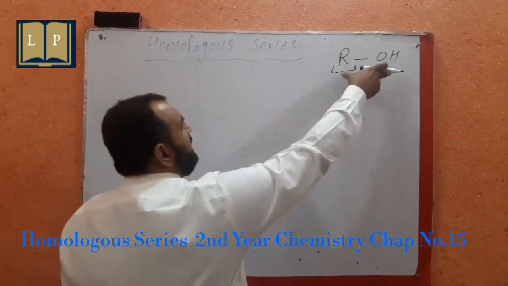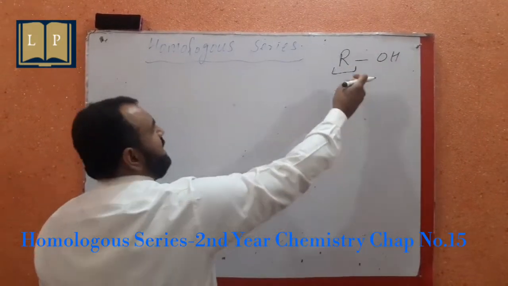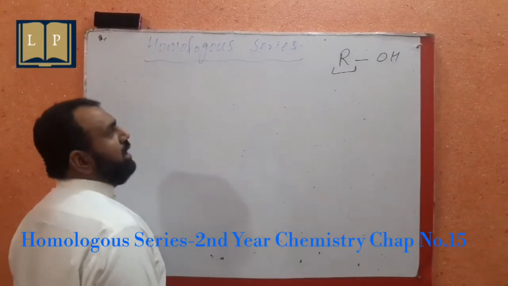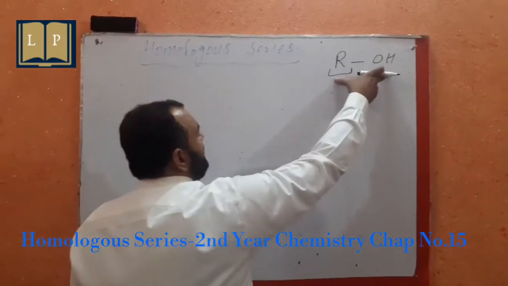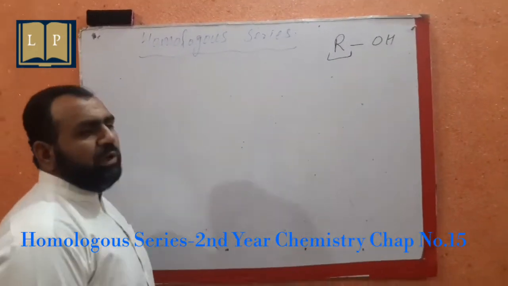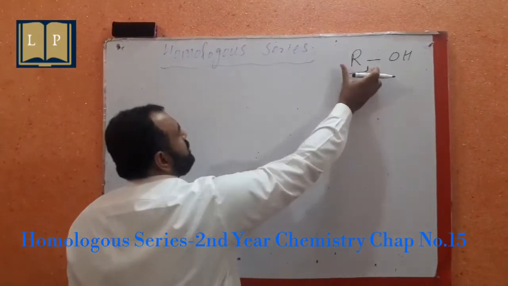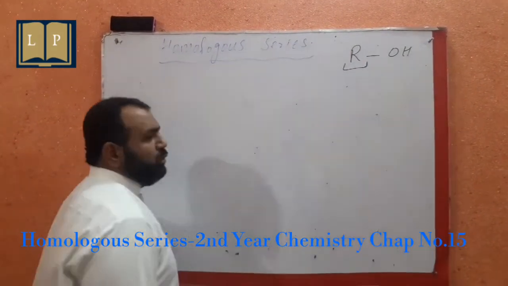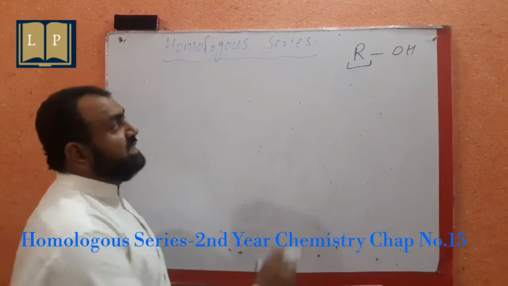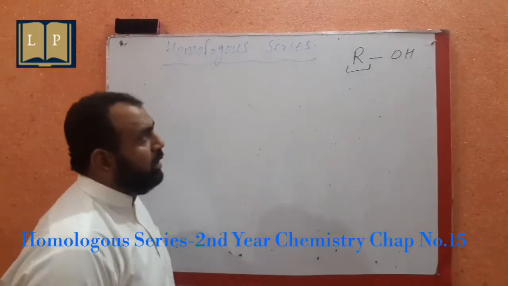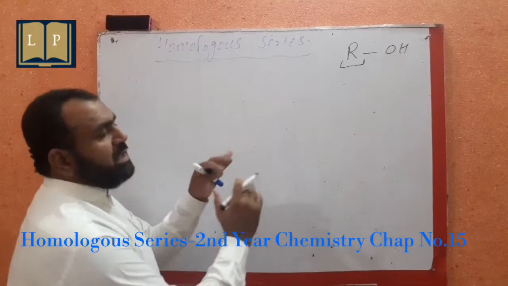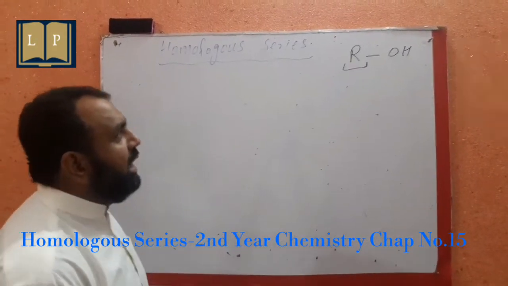Whenever we write the general formula of any class, say I have written ROH, ROH is basically a general formula that belongs to the alcohol class, in which OH is the functional group, whereas the R portion is the hydrocarbon portion, the alkyl group, which is attached to that OH group. Now this R represents the hydrocarbon portion of an organic compound.